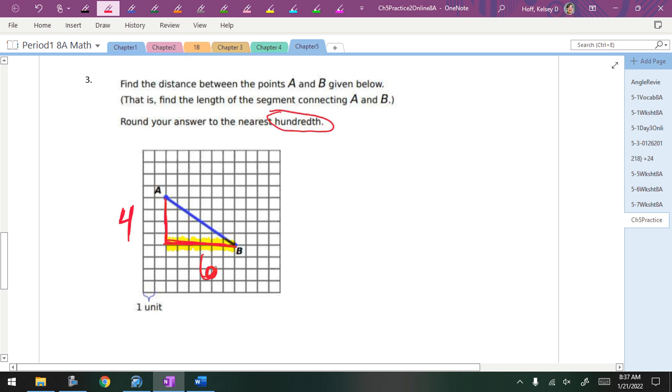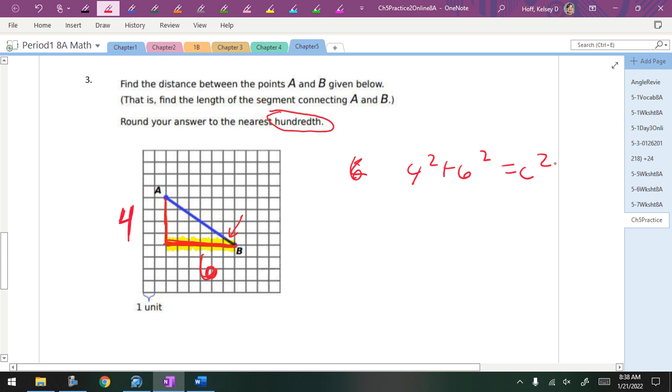Ignore this right here because you're just counting how far across it goes. So what do I do with 4 and 6 now? Okay, so what would it look like, Liana? So 4 squared plus 6 squared equals c squared.